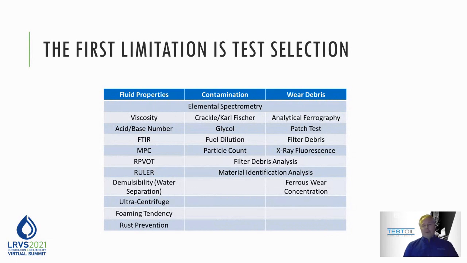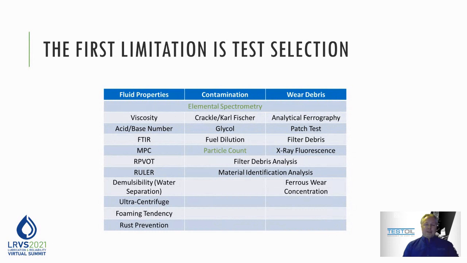But what if they're both in the same category? So let's focus this presentation on two of them. Let's take a look at elemental spectroscopy, or what most people call the wear metals test, and particle counting, and figure out why those two don't always correlate the way you think they should. And again, I could give you a pretty short answer on why that is, but it's better if I explain it in a bit more detail.